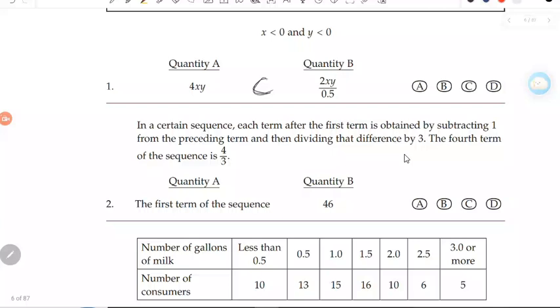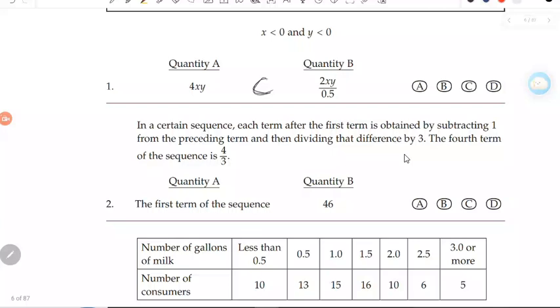So we can work back from the fourth term of the sequence, which is 4 over 3. Each term is obtained by subtracting 1 from the preceding term and then dividing the difference by 3.